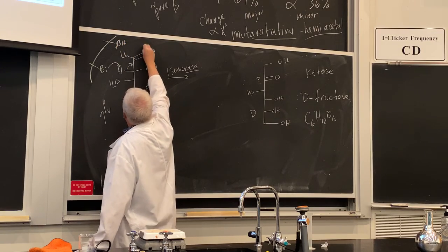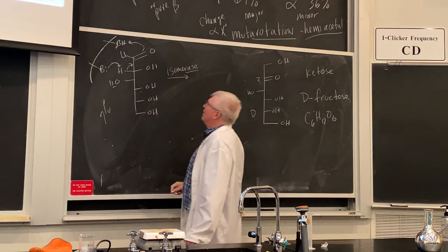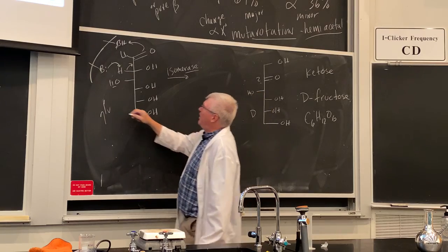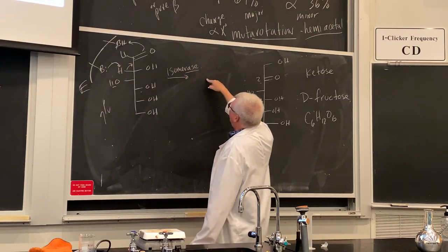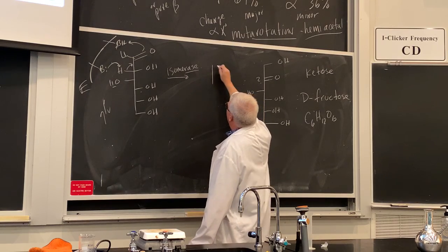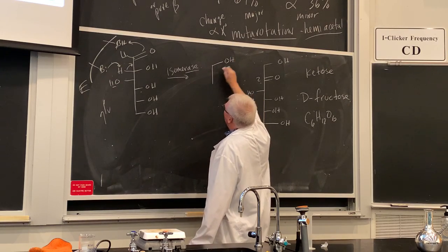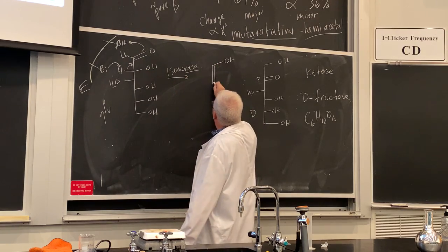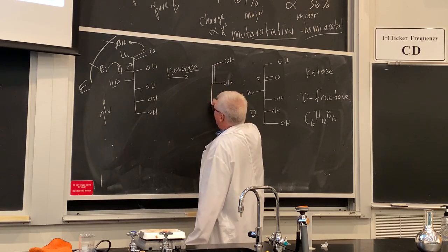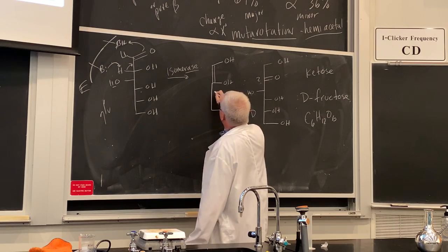I forget which one it is. I'd have to look at the enzyme, but this is the enzyme we're talking about. Isomerase, it's called. What's the intermediate look like if we do this? Well, we'll have a hydroxyl there, and look, if we dump those electrons down here, we're going to have this, right? And then all the others are the same.